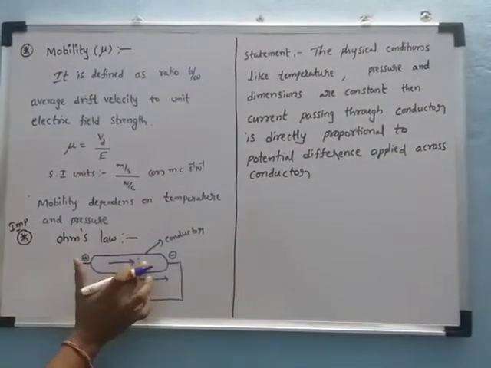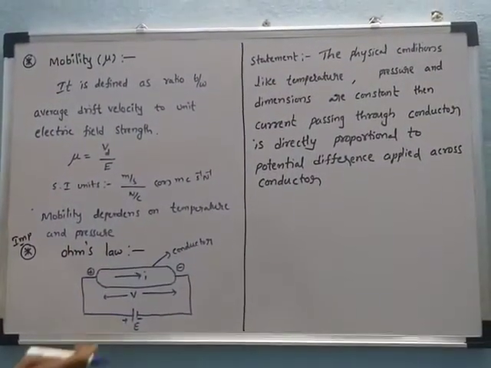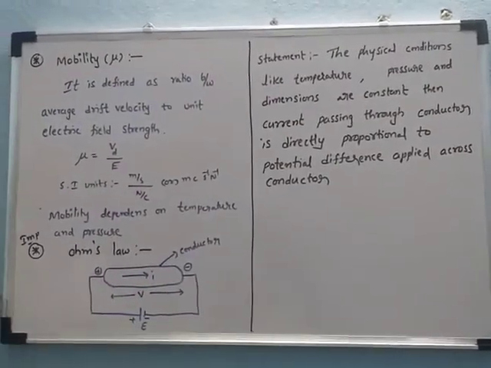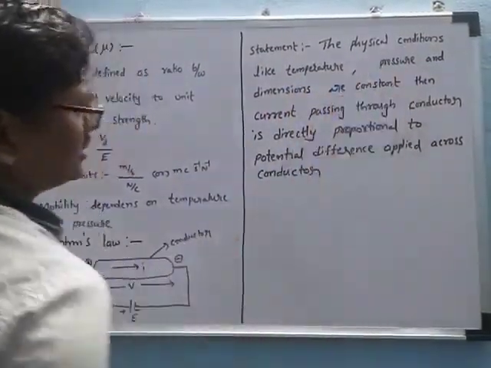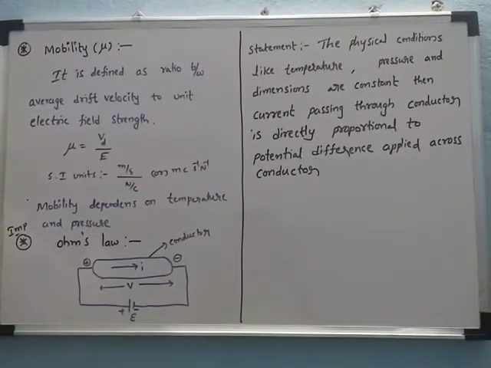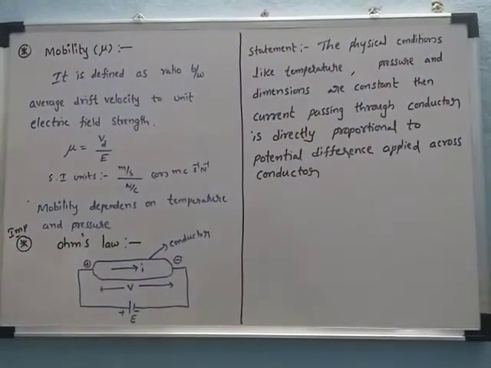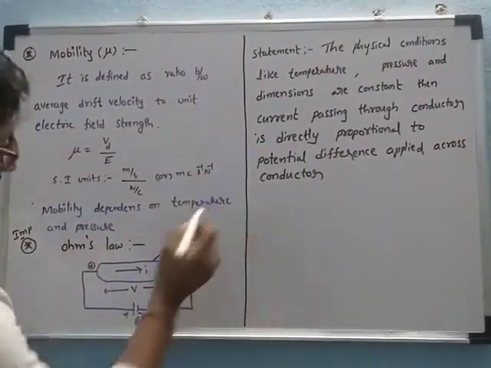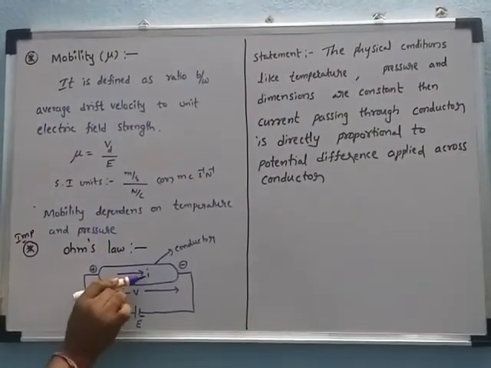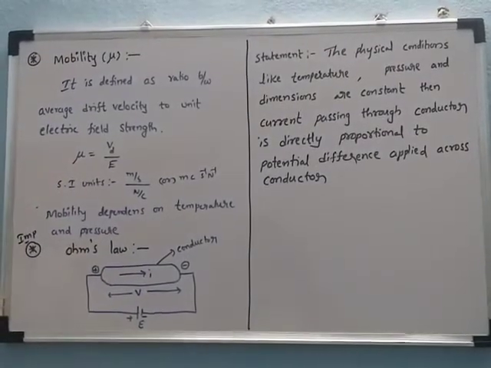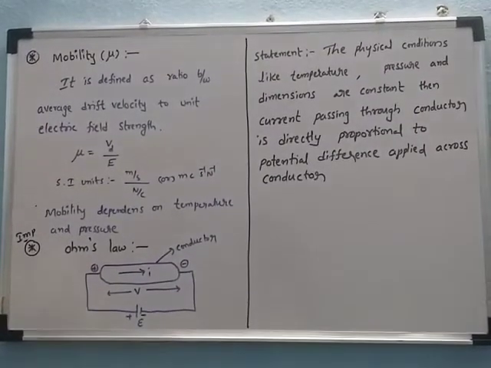Already the current is directly proportional to the potential, but when temperature and pressure change, the current and potential will change. So the statement is: if the physical conditions, that is the external conditions like temperature, pressure and dimensions, are constant, then the current passing through a conductor is directly proportional to the potential difference applied across the conductor.